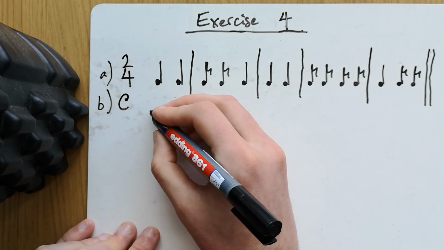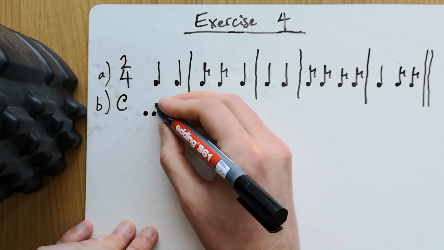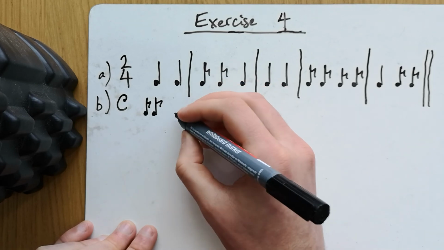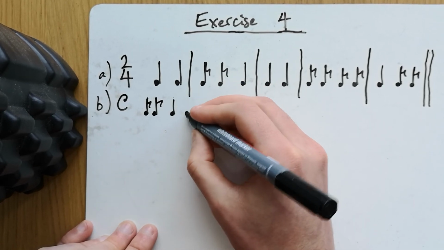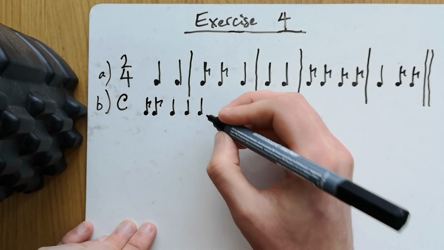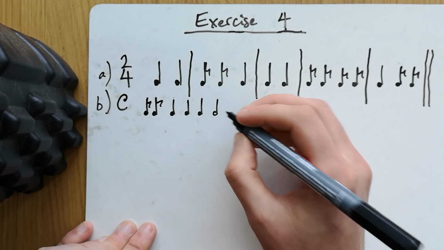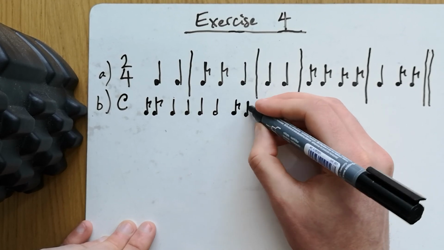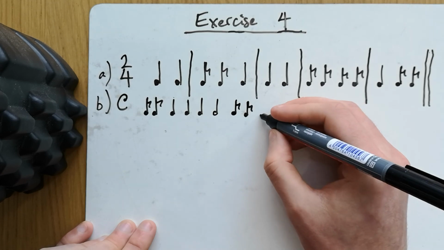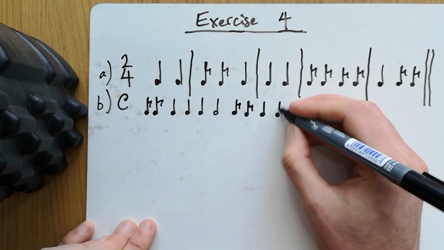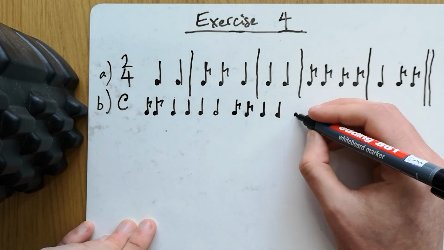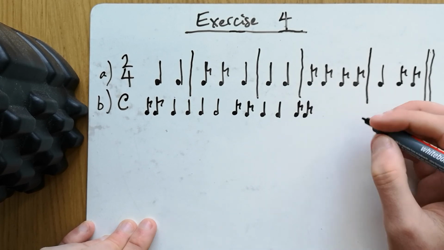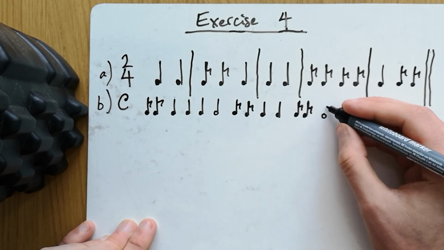So here's your example in common time. 2 quavers, crotchet, crotchet, crotchet, minim, quaver, quaver, crotchet, crotchet, quaver, quaver. Let's do another minim there.